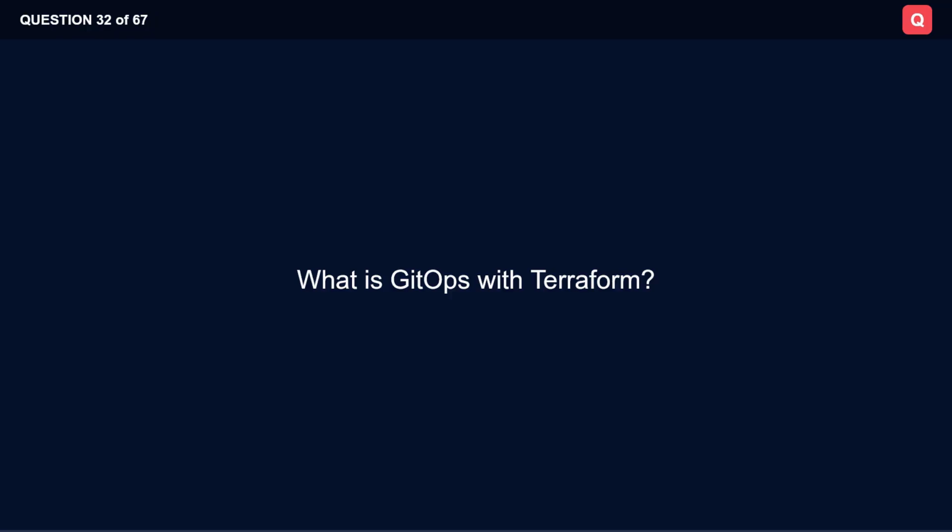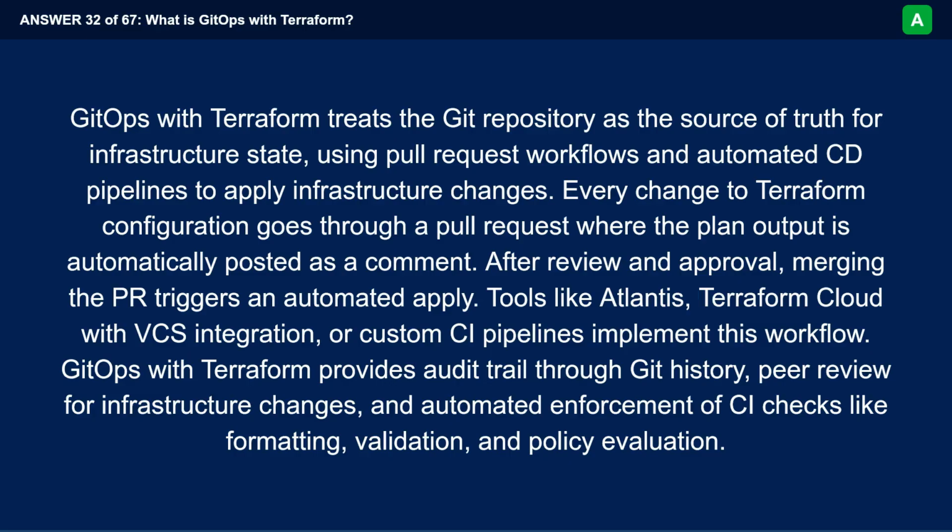What is GitOps with Terraform? GitOps with Terraform treats the Git repository as the source of truth for infrastructure state, using pull request workflows and automated CD pipelines to apply infrastructure changes. Every change to Terraform configuration goes through a pull request where the plan output is automatically posted as a comment.